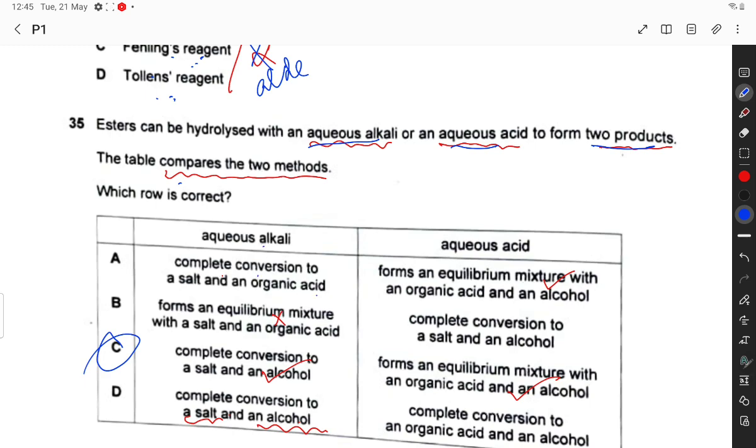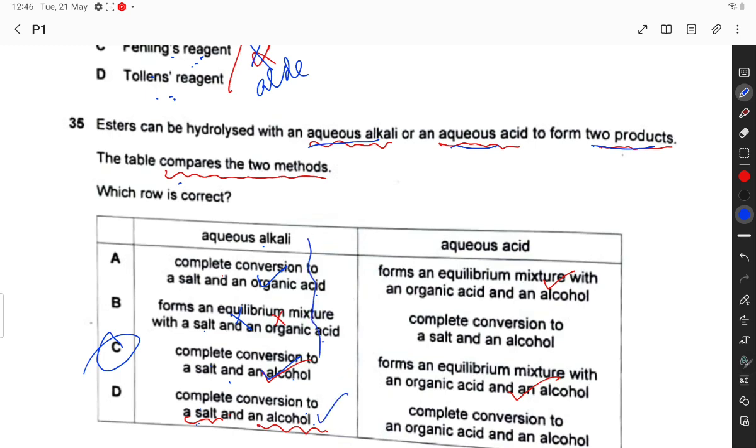With aqueous alkali, yes, this is correct. Forms an equilibrium mixture with a salt and an alcohol, no, this is incorrect. Complete conversion to salt and an alcohol, this is also correct.